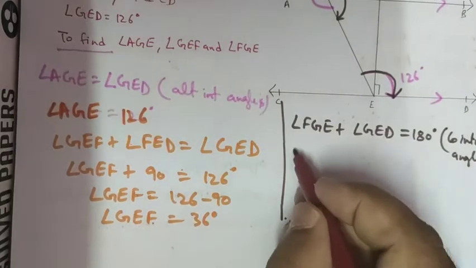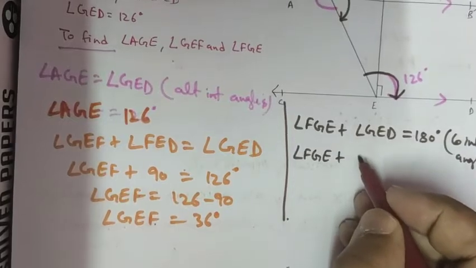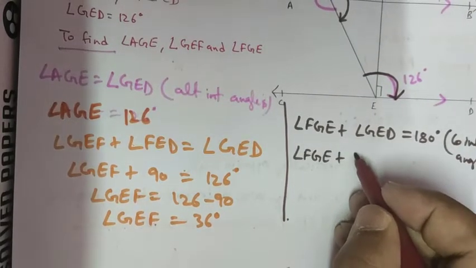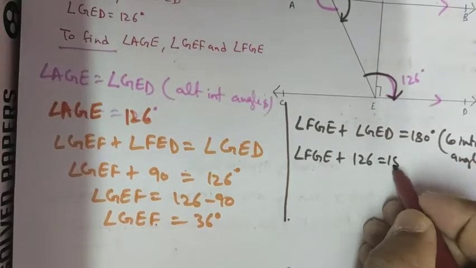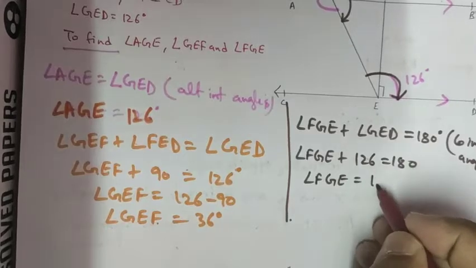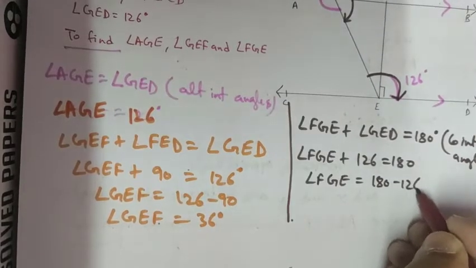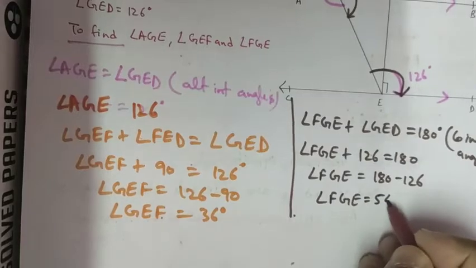So angle FGE plus GED, GED we know is 126 degree. So angle FGE will be equal to 180 minus 126. Angle FGE is equal to 54 degree.